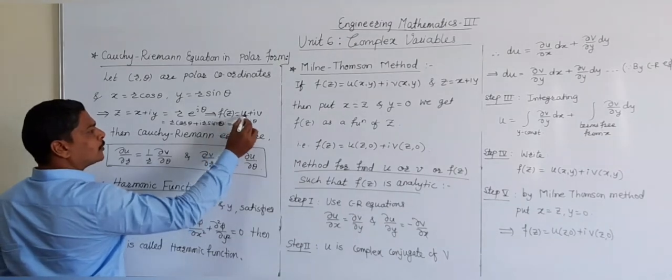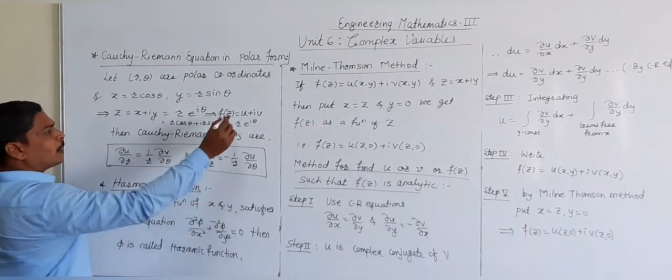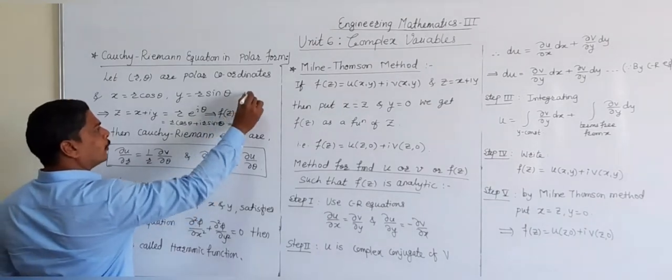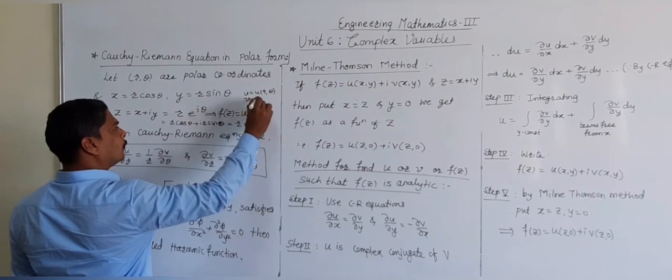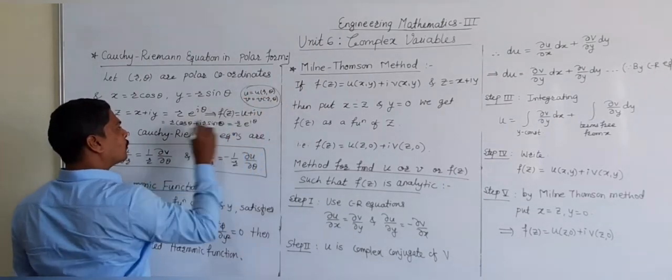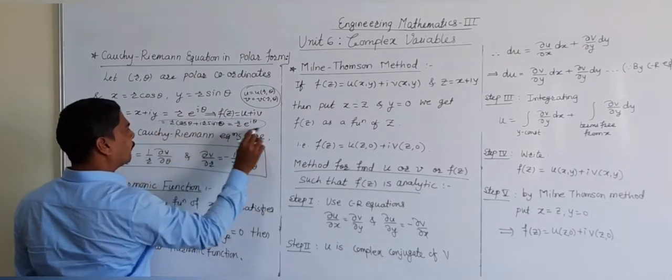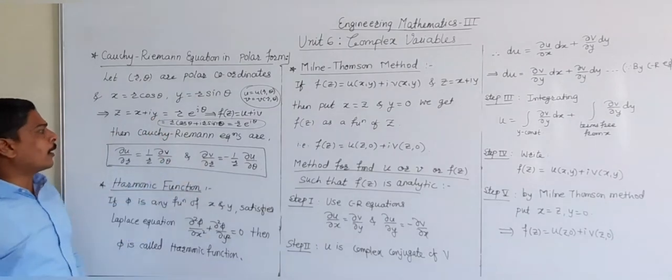And this f of z is a function of u and v, where u and v are functions of r and theta. u is a function of r and theta, v is also a function of r and theta. So in that way, we can write the function f of z in terms of polar coordinates r and theta.